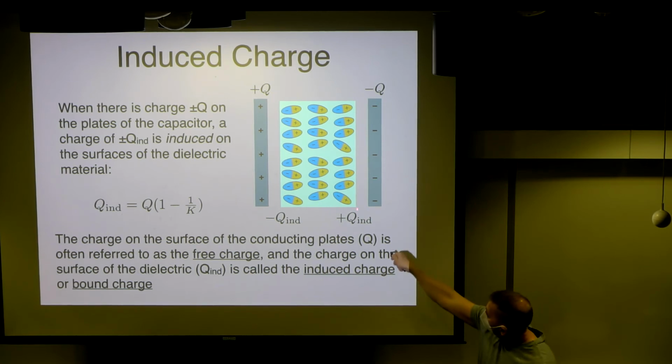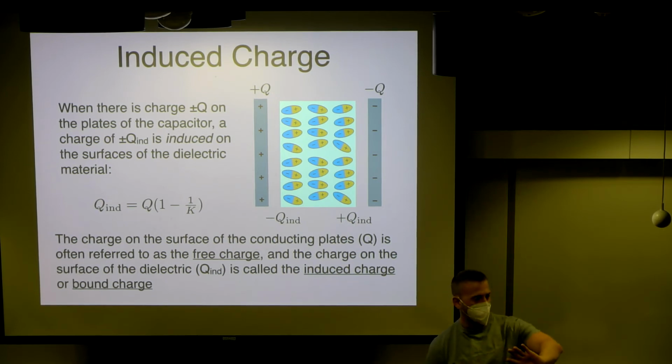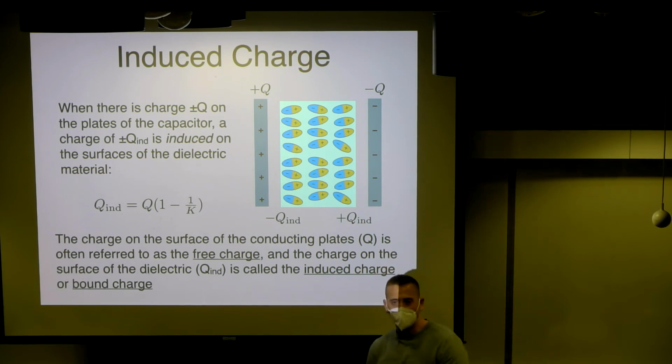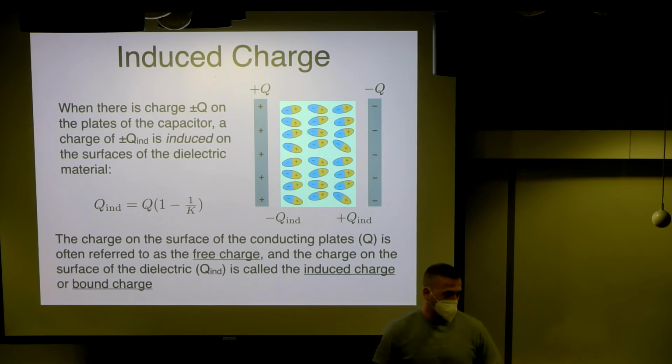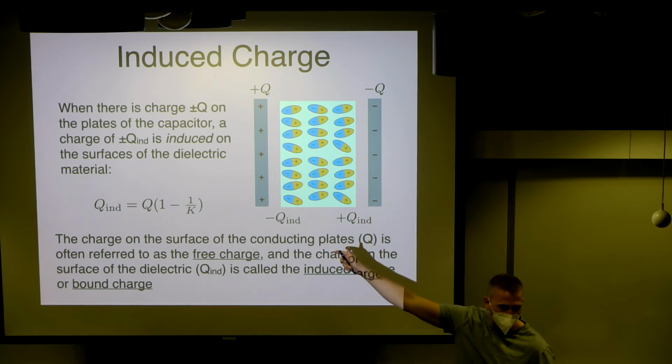On this surface, you see there's a whole bunch of positive charges, because all of the positive ends of the molecules are facing this way, so this surface is going to have a whole bunch of positive charge built up on it. By the same token, the negative charges are going to be facing this way, so this outer surface of the dielectric is going to have a whole bunch of negative charges piling up on it. Overall, of course, there's no net charge on the dielectric, but there is a positive side and a negative side. Make sense?